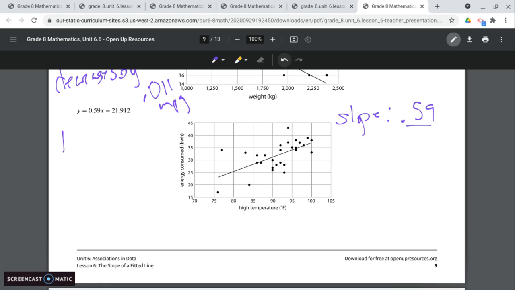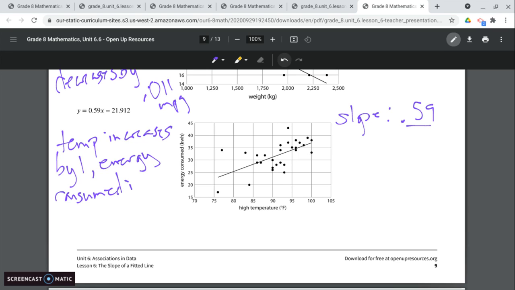So temp increases by 1, energy consumed increases by 0.59 kilowatt hours.